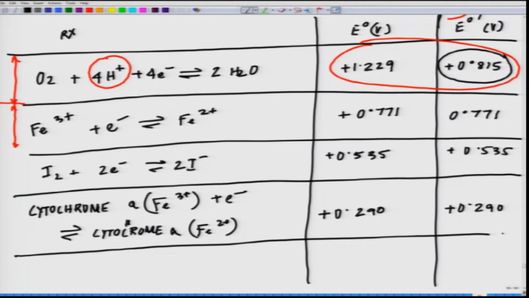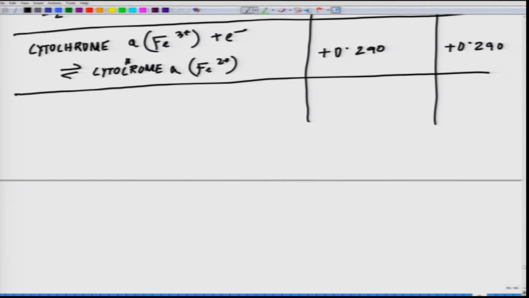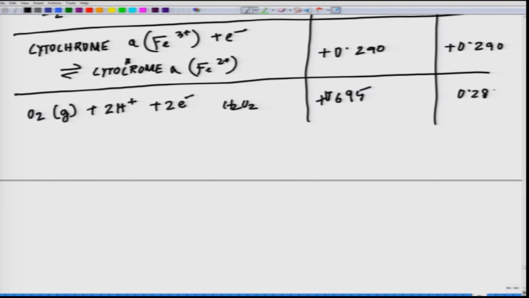Now, I will move on to another example, which is a very tricky one, which is oxygen gas plus 2 protons plus 2 electrons, making H2O2. In that situation your value is plus 0.695, whereas if you measure it with E0 prime, the value will be 0.281.